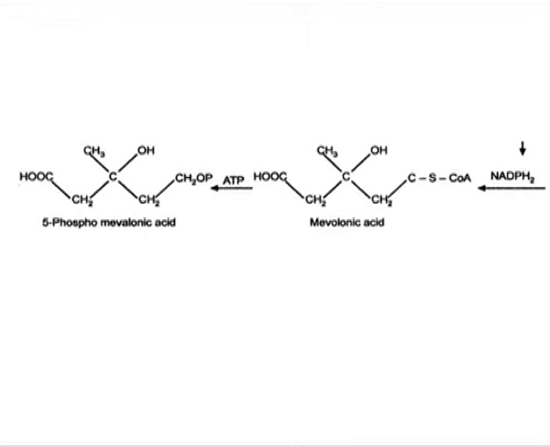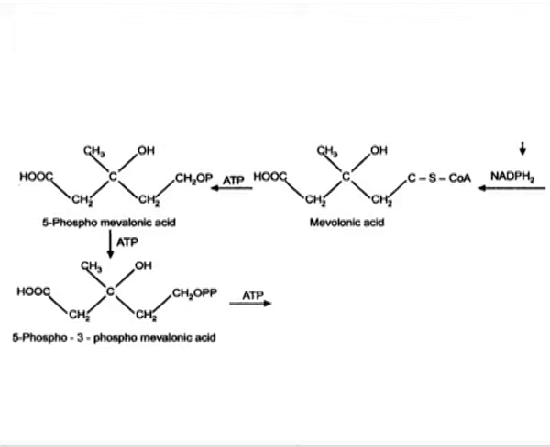This is the rate limiting step in the biosynthesis of terpenoids, which is blocked by statins. Further, mevalonic acid undergoes phosphorylation at the 5th and 3rd positions and gets converted into 5-phosphomevalonic acid and 5-pyrophosphomevalonic acid. During this process, ATP acts as the phosphate group donor and the reactions are controlled by mevalonate kinase and pyrophosphomevalonate kinase respectively.